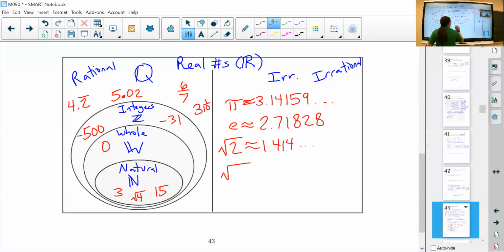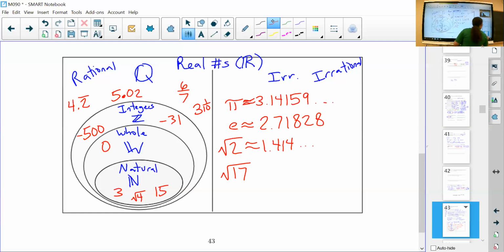Square root of 17, that's not a nice number. In fact, the square root of a whole number that is not a perfect square is going to give you kind of a mess. And that's what the irrational numbers are. Well, that's pretty much covered.